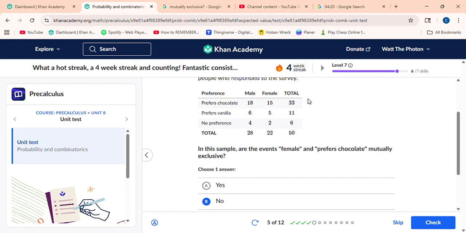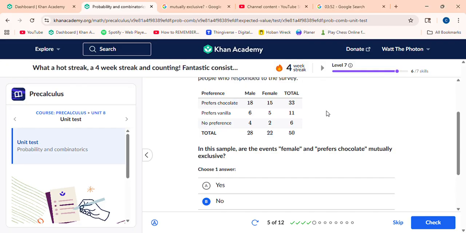That's 33 over 50. Plus, that'd be 18, so that's 15 divided by 22 plus 18 divided by 33.